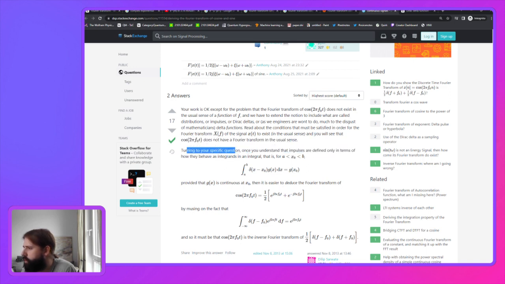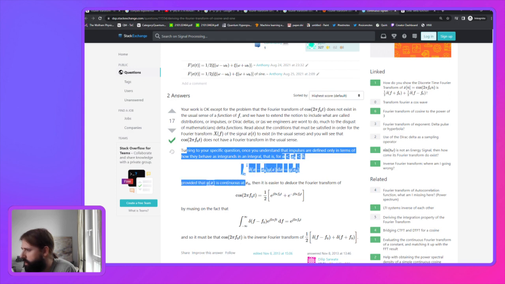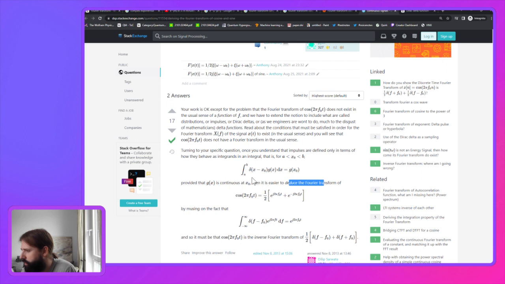Turning to a specific question, once you understand that impulses are defined only in terms of how they behave as integrands in an integral, that is, let's see, to deduce the Fourier transform of by musing on the fact that, I have no idea how you get there.